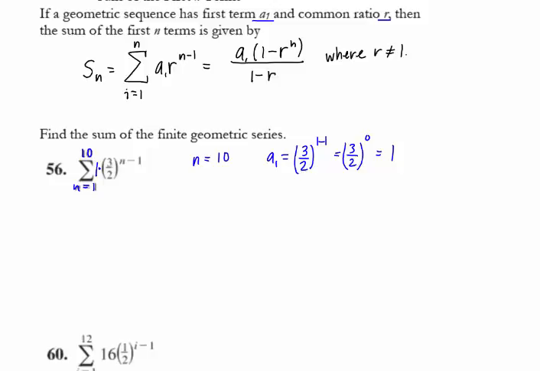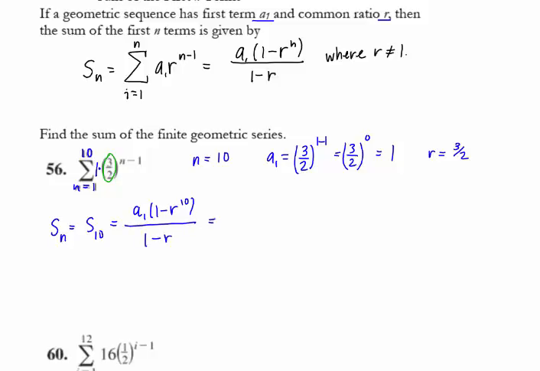So we have the first term, we have n, we need the common ratio r. We see that the common ratio r is the base that got raised to the power. So the common ratio r is 3 halves. And we can use the formula. The sum of the first 10 terms, S10, is a1 times 1 minus r to the 10 divided by 1 minus r.